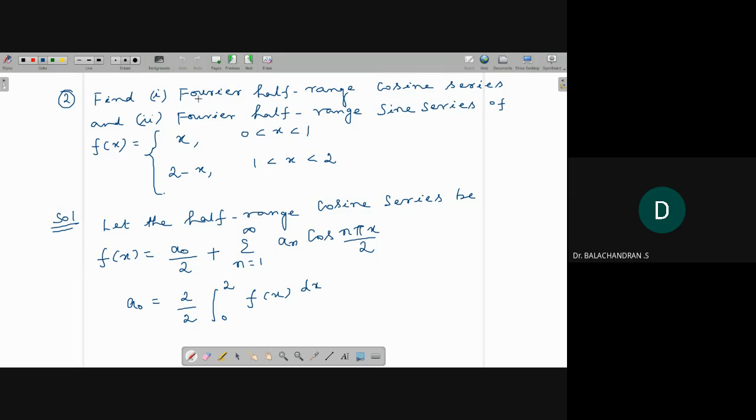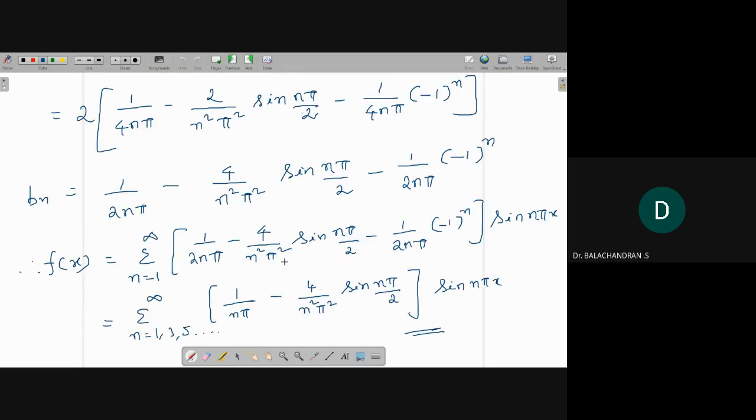Okay. Now find 1, the Fourier half range cosine series, and 2, the half range sine series of f of x. This is the function x. So first I will check this problem in the book.